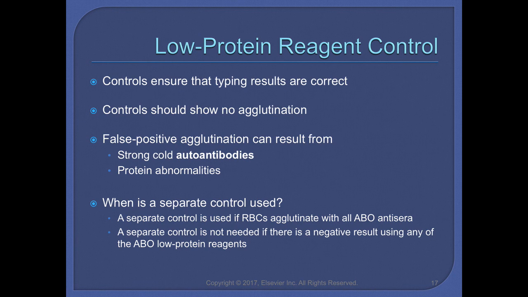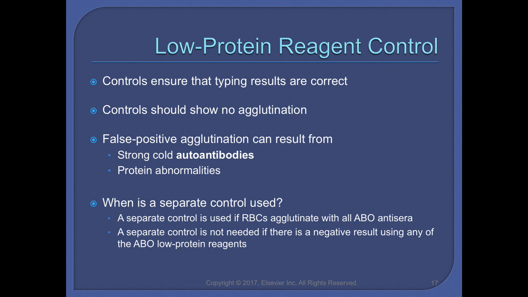A low protein control reagent is always available to check for the presence of spontaneous agglutination of the patient's or donor's red blood cells in testing. This control should always show no agglutination for you to know that the testing you have done for your patient or donor is valid.